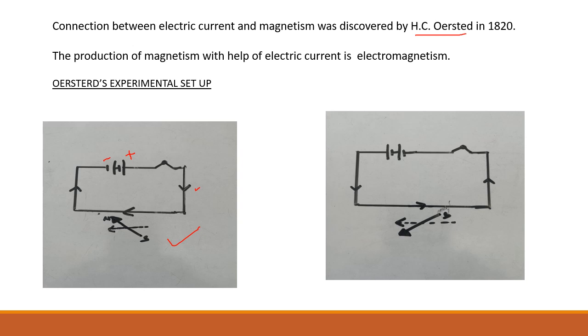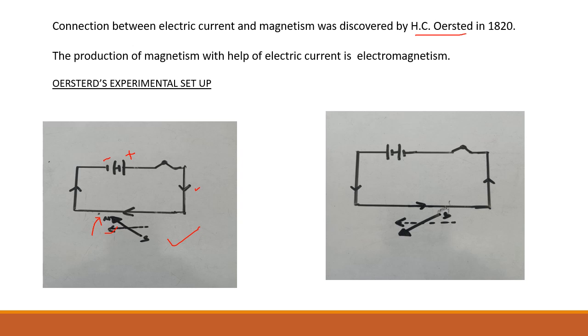Now suppose this dotted line is a magnetic needle which is placed parallel to the conducting wire. When the current passes through the conducting wire, the north pole of the magnetic compass is attracted towards the conducting wire. When the current is switched off, it takes its original position.